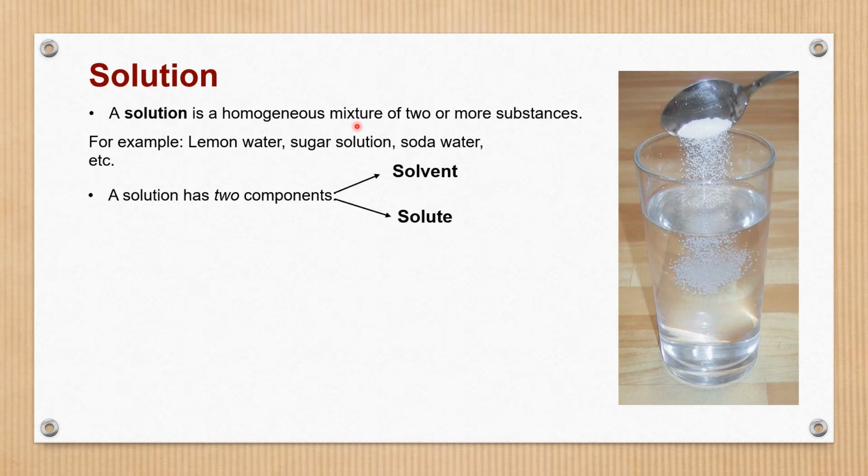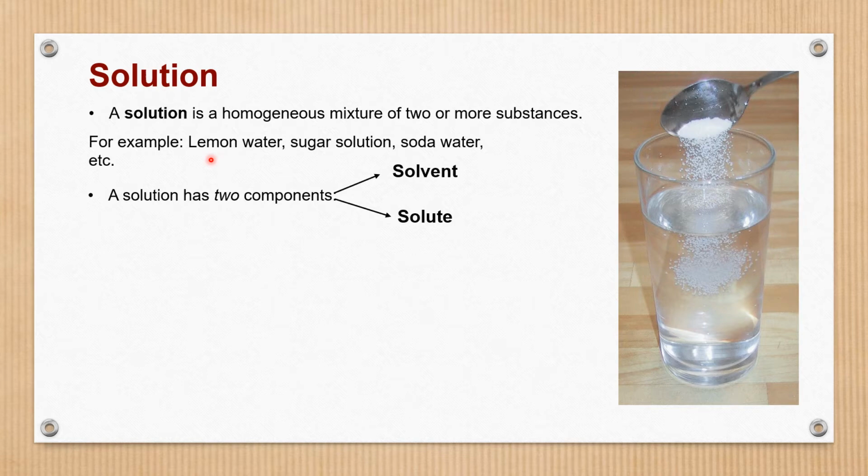So what is a solution? A solution is a homogeneous mixture of two or more substances. I am reading once again the definition of solution. A solution is a homogeneous mixture of two or more substances. Example, lemon water. Lemon water means we squeeze lemon juice in water.